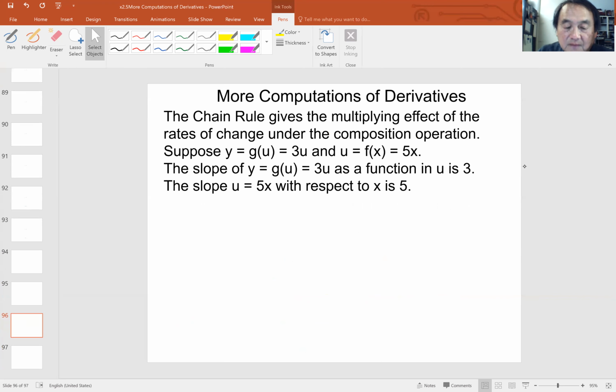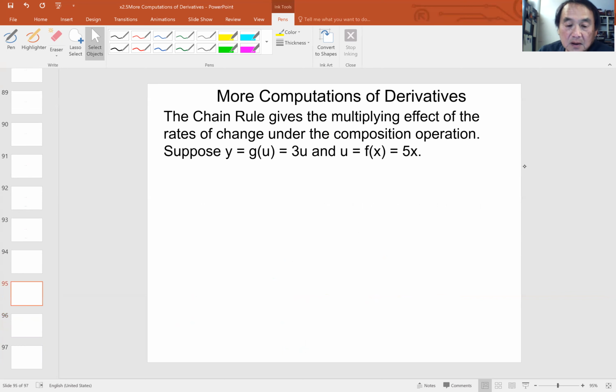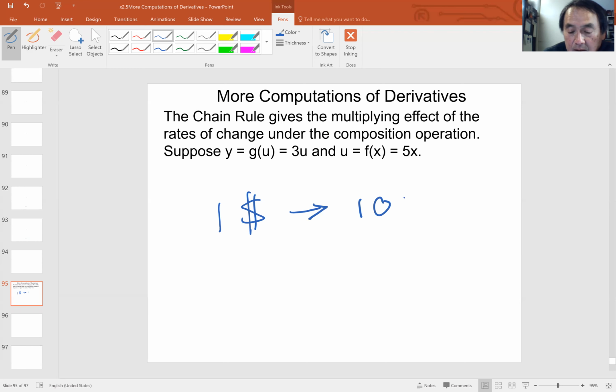And then finally, the chain rule. It's a very simple rule. Basically, the composition is as follows. Think of an exchange rate. Let's suppose I can take $1 exchanging to 10 pesos, and each peso changing to, I don't know, five gigabytes, whatever gigabytes are.